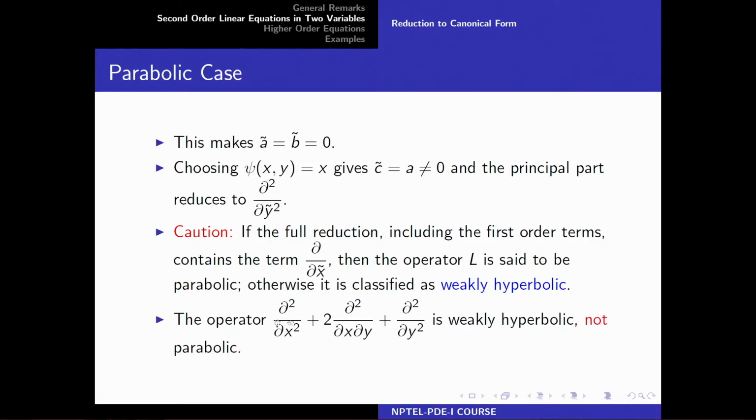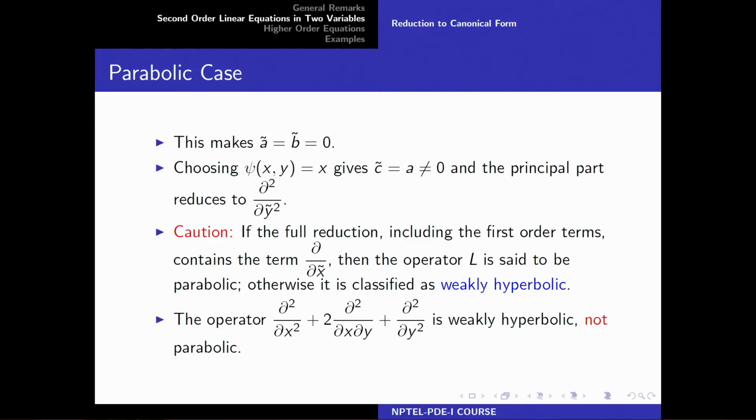A is 1, B is 1 and C is 1, so AC minus b square is 0. So, there is only one real characteristic, but after the full reduction you will not get this lower order term, and this is classified as weakly hyperbolic and not parabolic.